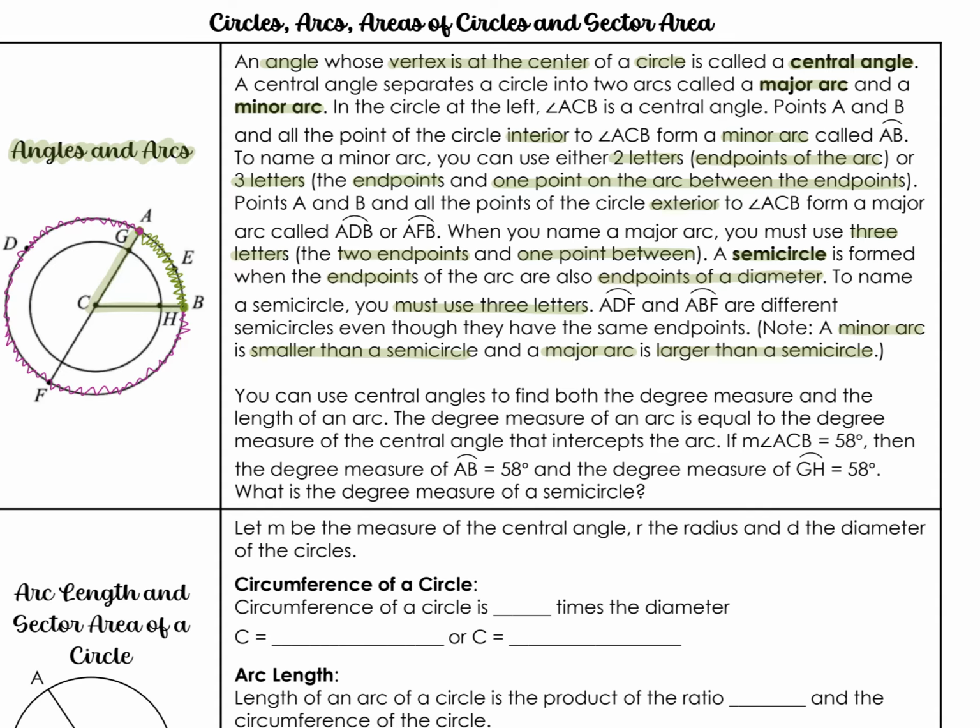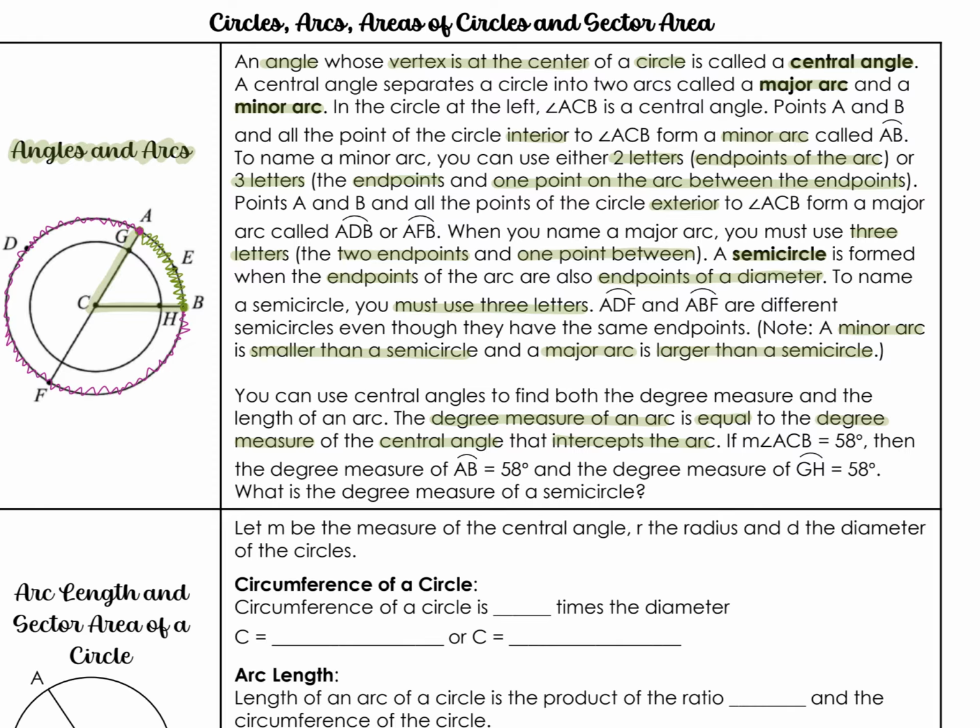You can use central angles to find both the degree measure and the length of the arc. The degree measure of your arc is equal to the degree measure of your central angle that intercepts that arc.